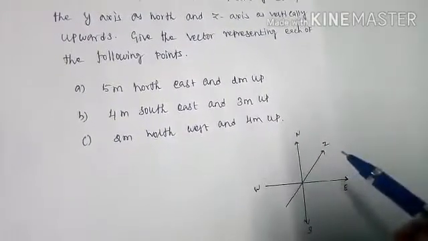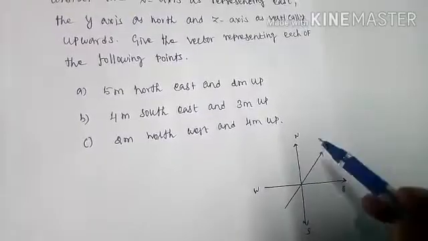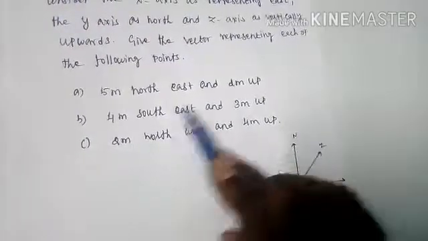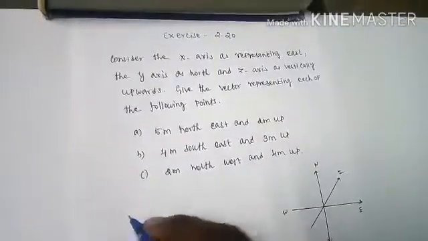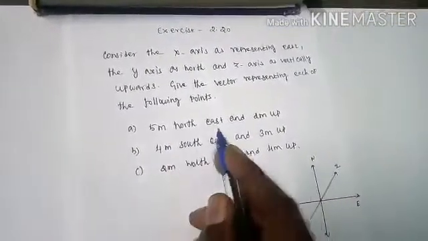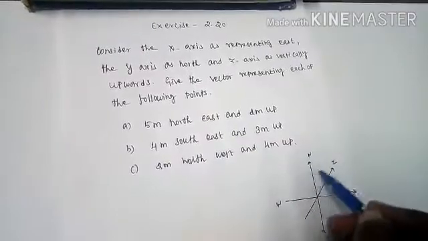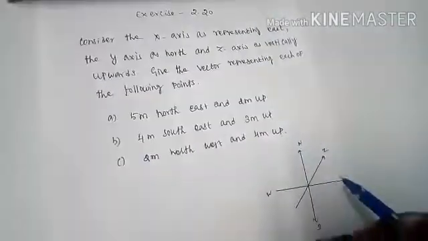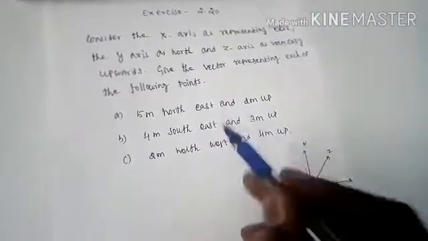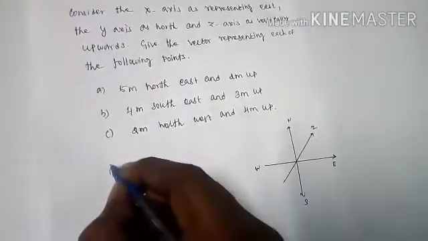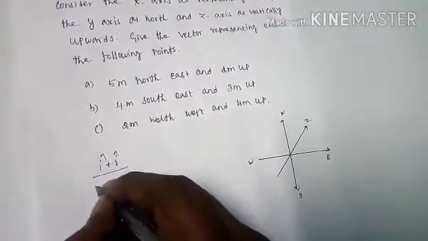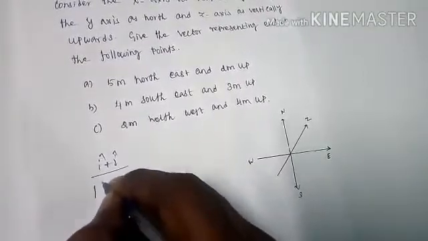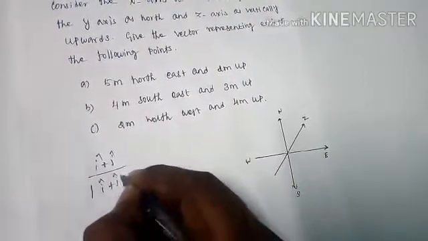First we can go for writing the unit vector of northeast. North is positive y-axis, east is the positive x-axis. So the unit vector is i cap plus j cap divided by modulus of i cap plus j cap.